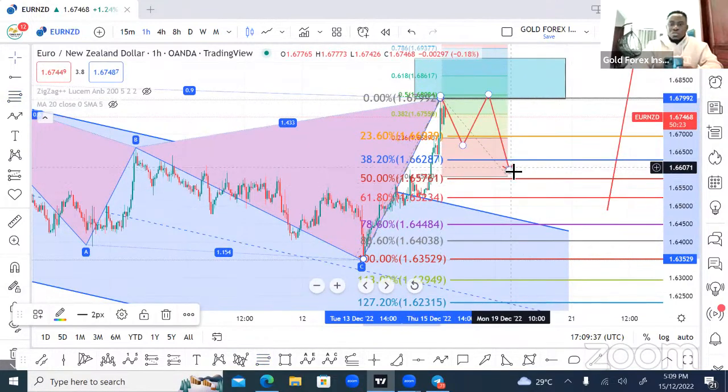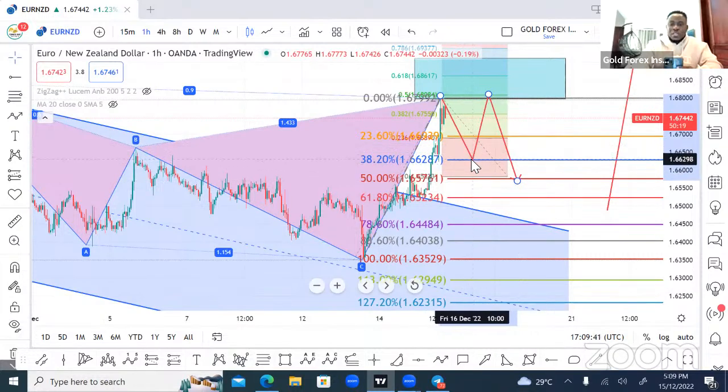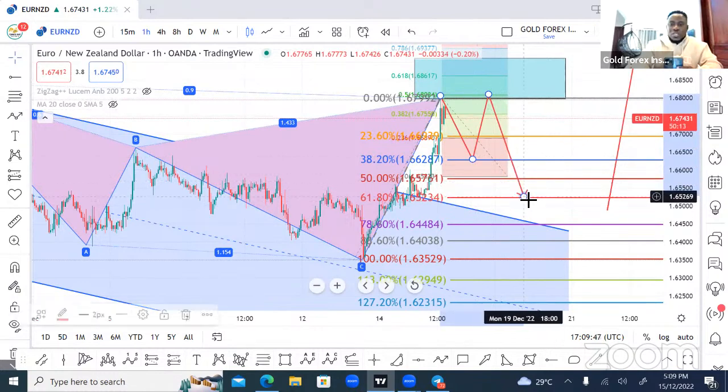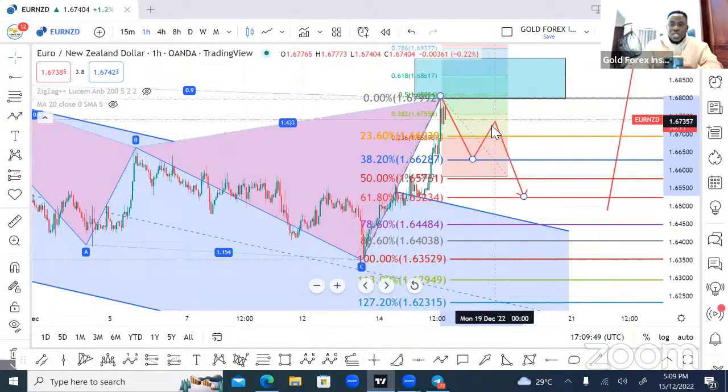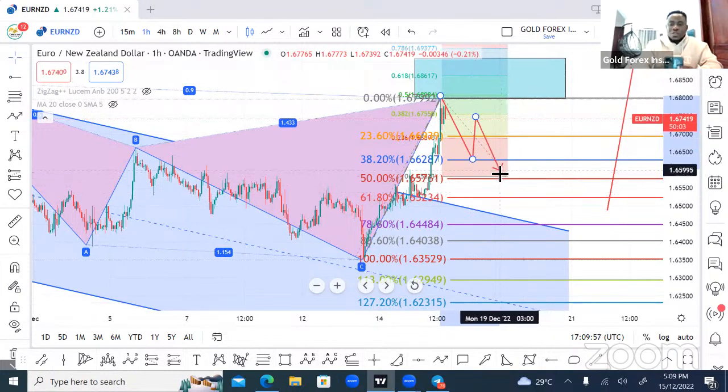Okay, so this one can come here. It can form something like this to form a flat correction, 50. Or it can get here and get to 61.8, which will complete a zigzag pattern formation. Or it can form a triangle. A triangle will form something like this.